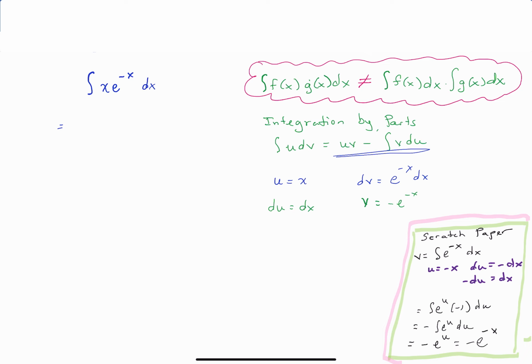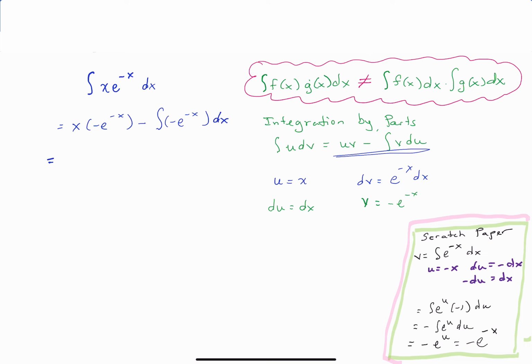Okay, so back to using the formula. uv is x, that's our u. V is minus e to the minus x, so that's our uv, and then we have minus the integral of v, being minus e to the minus x, v du, and our du is just dx.